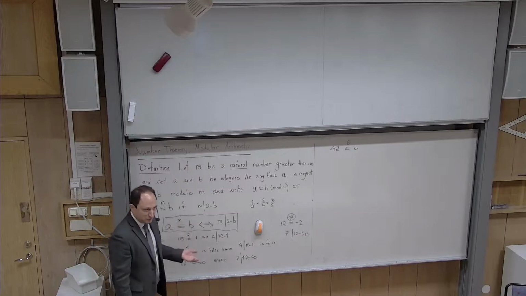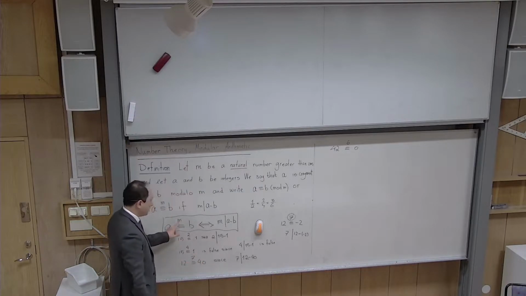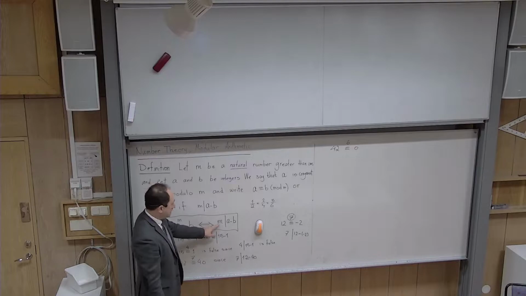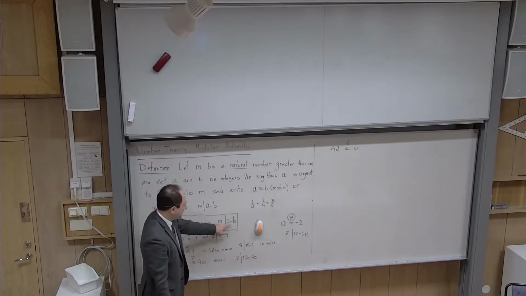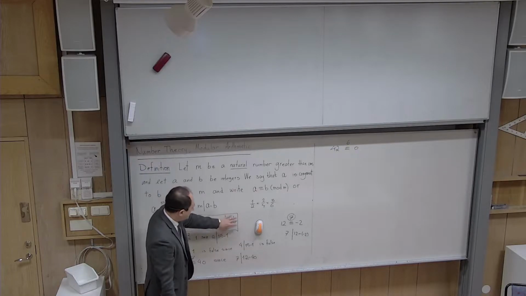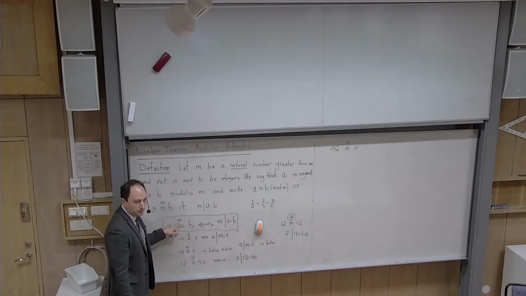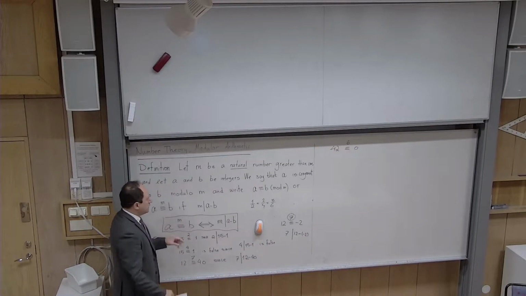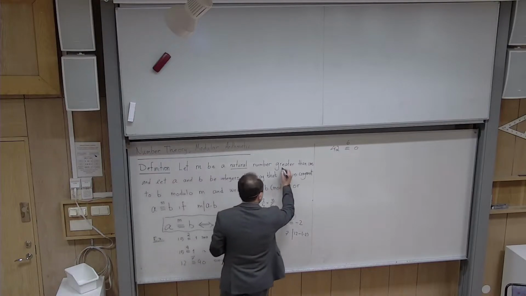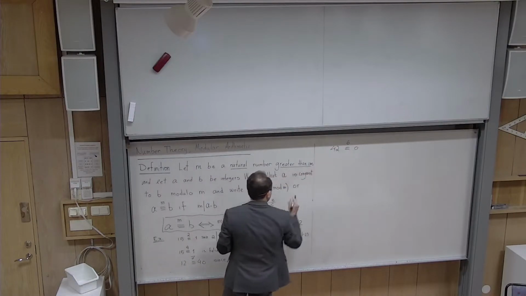That is not a very good idea, because if m is 1, this is always guaranteed, regardless of my choices for a and b, because whatever a and b are, it is divisible by 1. So this is why it is better to exclude 1 from m, yes? Okay, so that is the reason that we say that the module should be greater than 1.